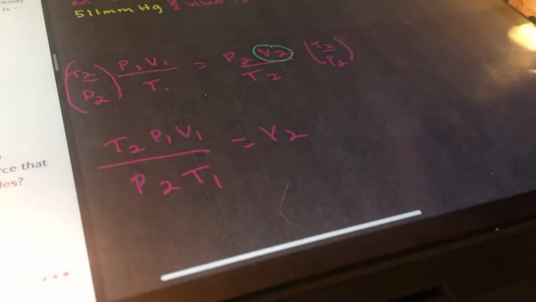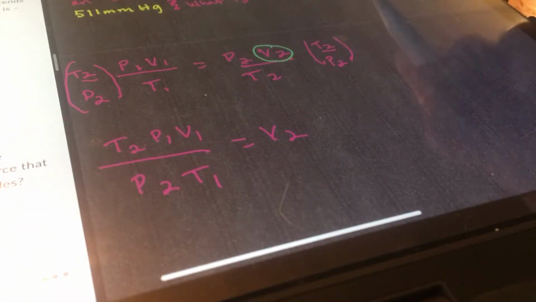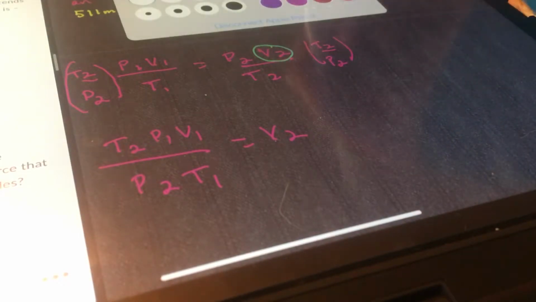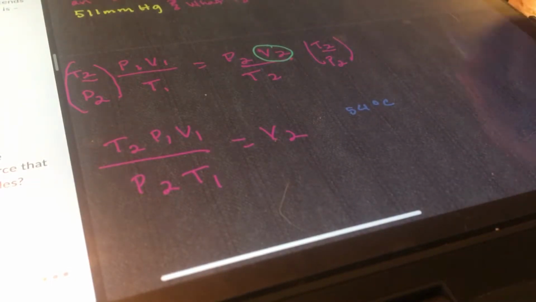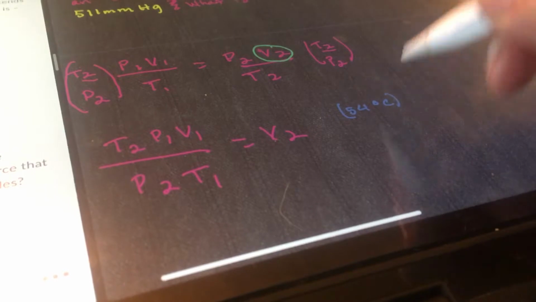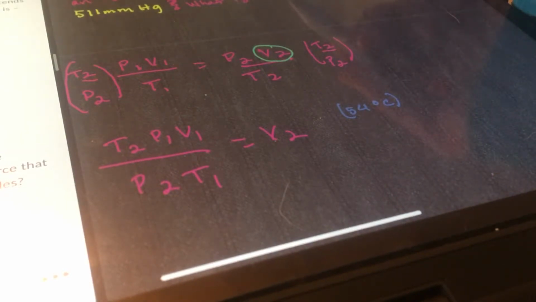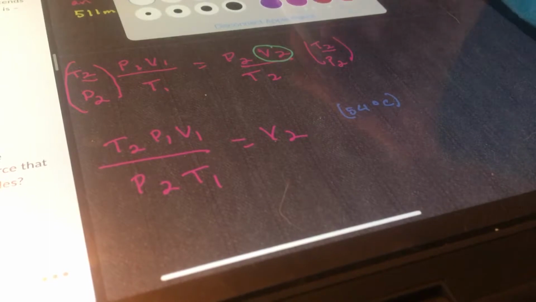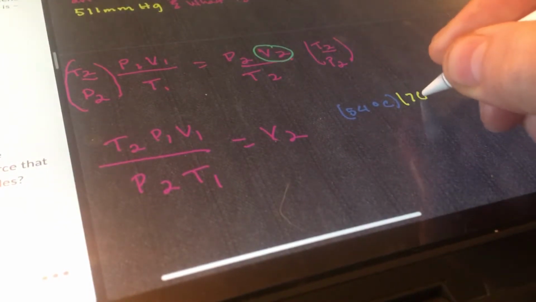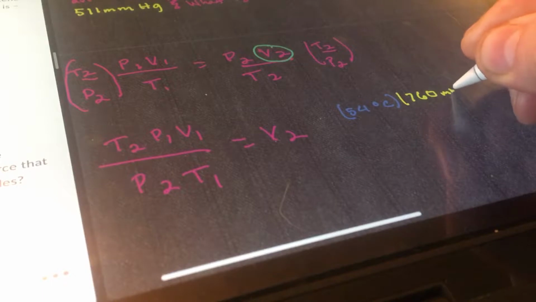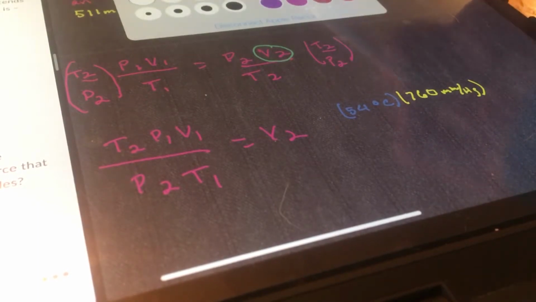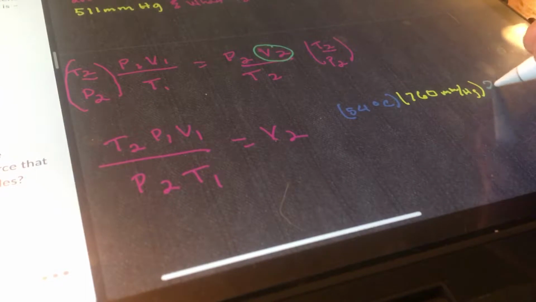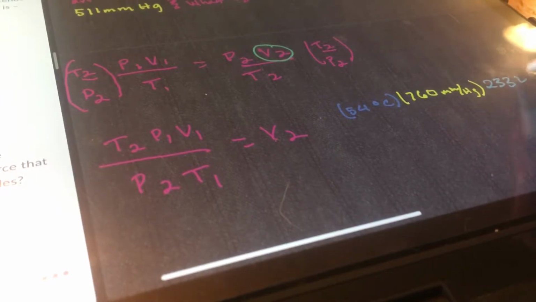We're going to start with T2, which is the second temperature, 54 degrees Celsius, times P1, pressure 1, which is 760, and our volume 1 is 233 liters.